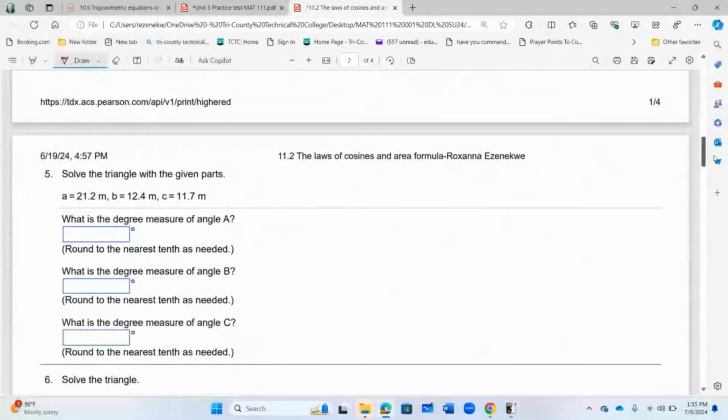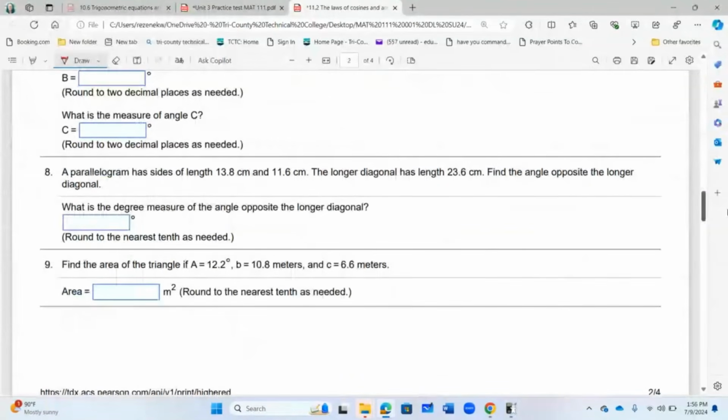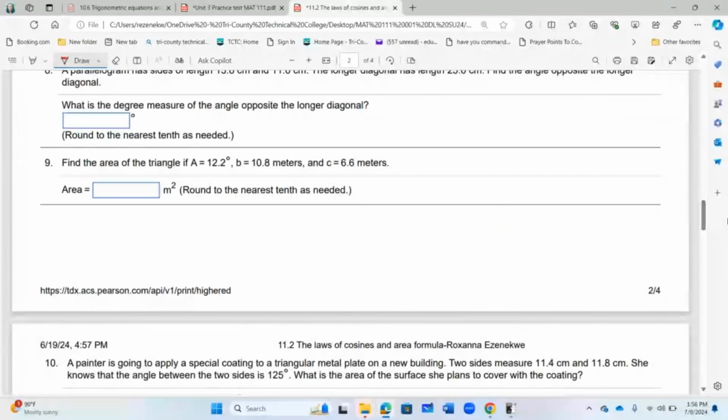Find the area of the triangle. Well, this one may not be Heron's.